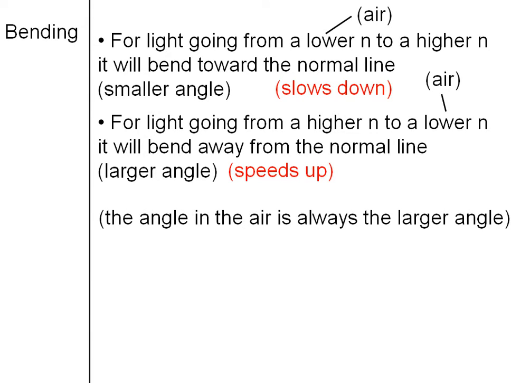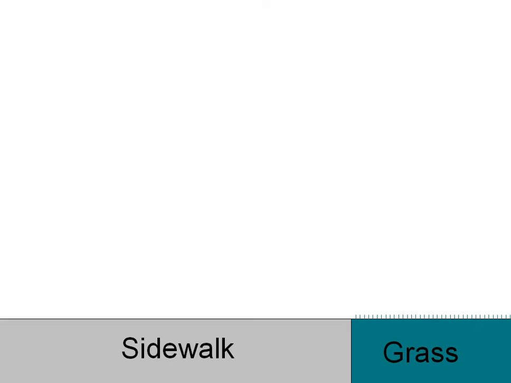An easier way to remember that is that the angle in the air always makes a larger angle. To remember these rules, I go back to some stories from my childhood. As a young lad, I used to like to ride my skateboard out on the sidewalk, and on occasion I would run off the sidewalk into the grassy area.